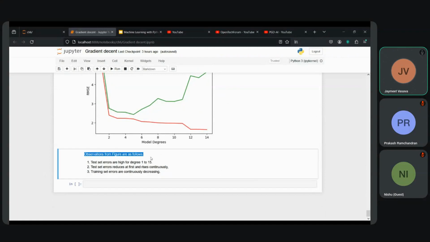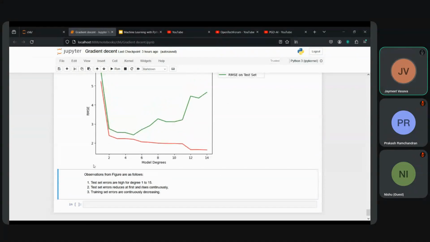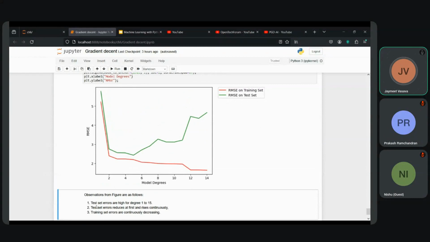Some observations from the plot: test errors are high for degree 1 to 15, test set errors reduce at first and then rise continuously, the green one, whereas training set errors are continuously decreasing.